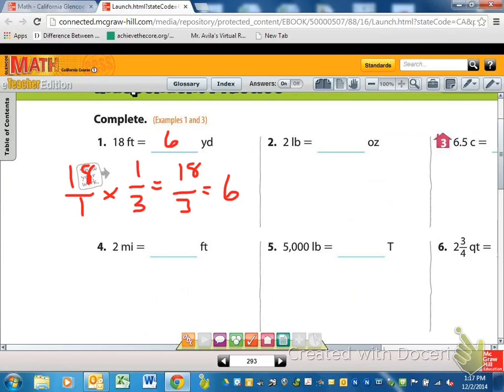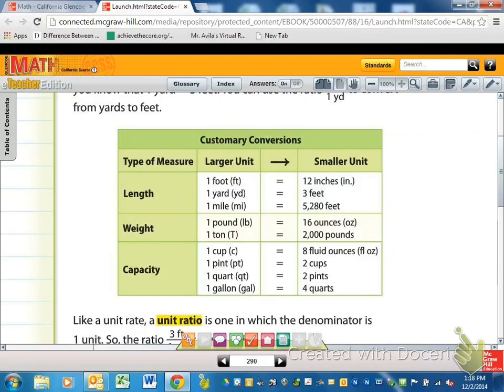Number 2 says 2 pounds equals how many ounces? So I look at my chart, I look at weight, and I see here pounds to ounces. So I'm going from large to small. So my ratio, my fraction, is going to be written as 16 over 1 because I'm going from large to small.